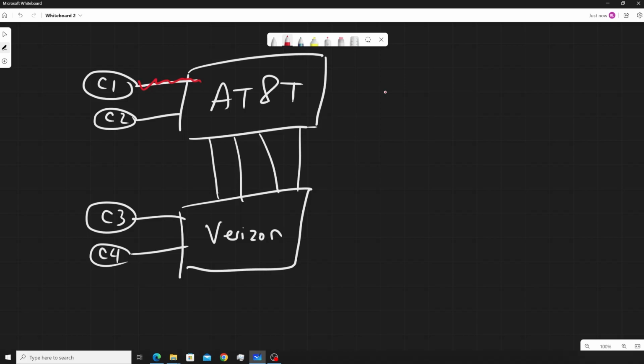Okay? And the assumption here is that the Verizon customer wants to, in fact, communicate with one of AT&T's customers. So Verizon will allow this traffic, because one of its customers is using this traffic as well. And they have a vested interest in ensuring that C3 gets a good experience as well.